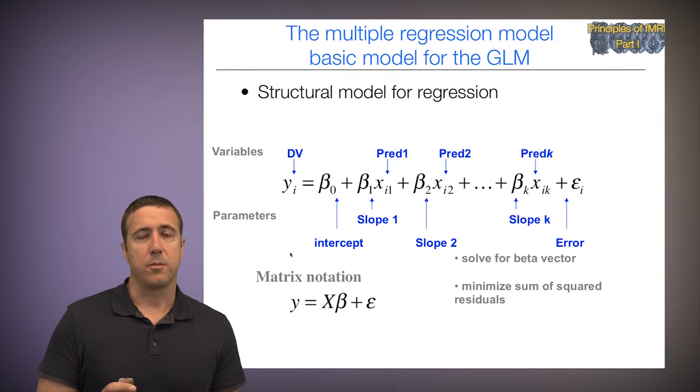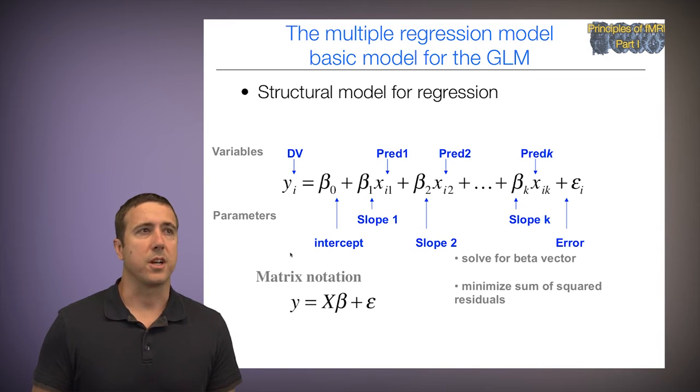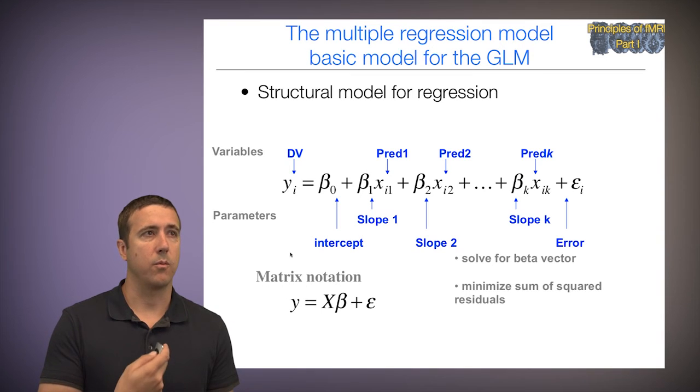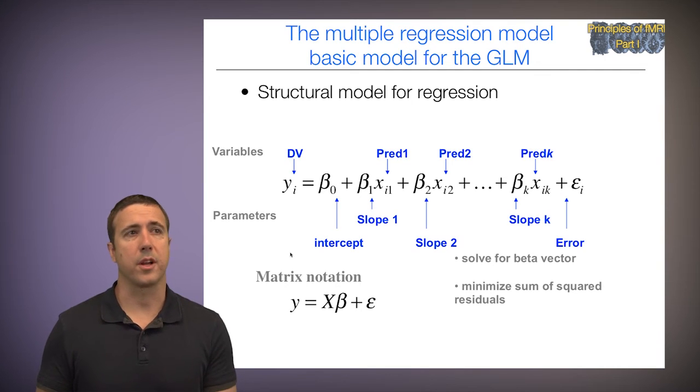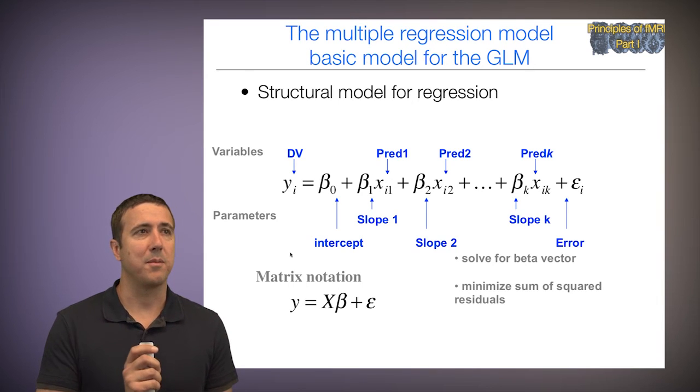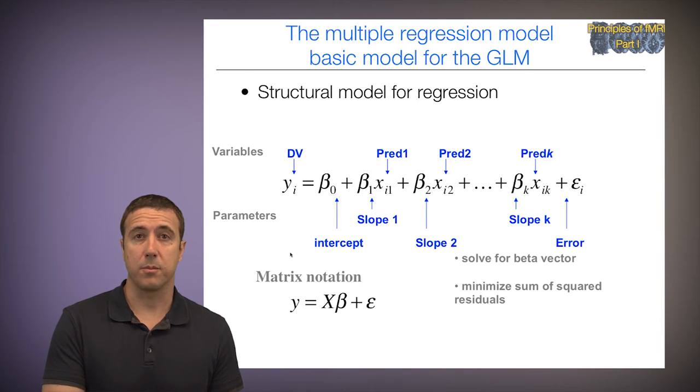So this is the structural model for regression, which is the basis for the GLM. Here I'm modeling y, the outcome data, or the DV, dependent variable, as a combination of the intercept, which here is beta naught, plus each slope times a predictor. So x's are going to be used to refer to predictors, and betas are used to refer to the slopes.